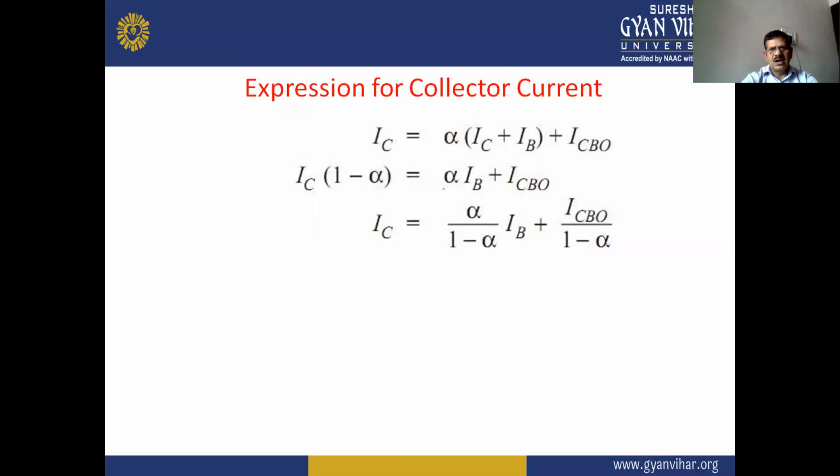So this is the collector current in terms of alpha. Alpha is the current amplification factor in the common base connection, and ICBO is the leakage current across the base collector junction.